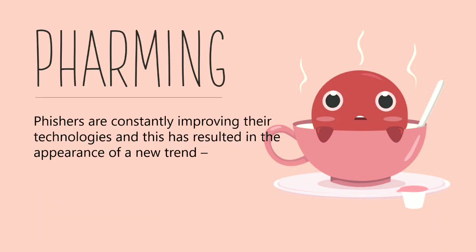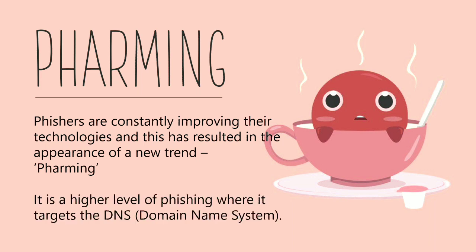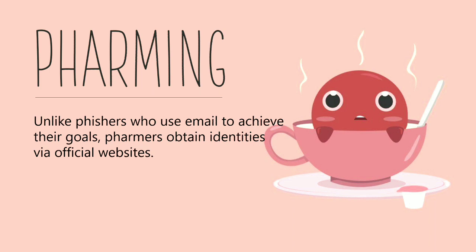Now, phishers are constantly improving their technologies, and this has resulted in the appearance of a new trend, which is what we call pharming. Pharming is a higher level of phishing where it targets the domain name system, or the DNS, of your devices. In pharming, unlike the phishers who use email to achieve their goals, the pharmers obtain identities through official websites.